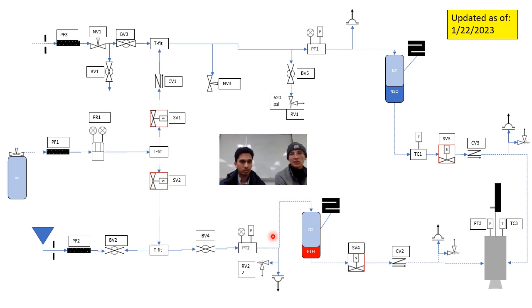Whereas on the nitrous oxide side, it's very clear that we want to measure the temperature of the liquid nitrous oxide to see how close we are and what our buffer is before it turns into a gas, which causes problems because the pressure increases so much. Ethanol does not have that issue. At room temperature, it's not a gas.